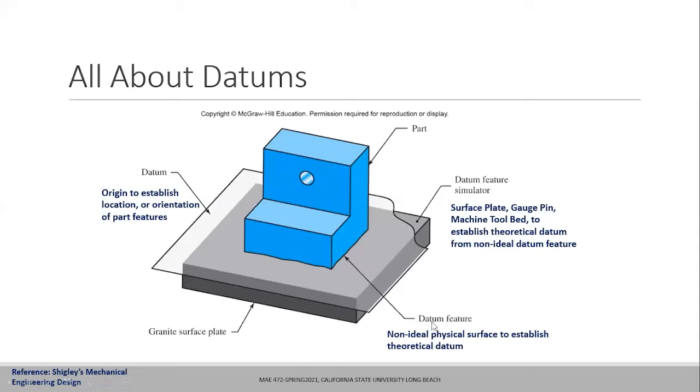What I'm talking about here is that we define the datum feature in the drawing, which is the bottom surface. This surface actually sits on this datum feature simulator, which is a surface plate, a very big surface plate, a highly polished granite surface, precisely machined and controlled. The flatness is controlled to the maximum possible level. And that is what we call the datum feature simulator.